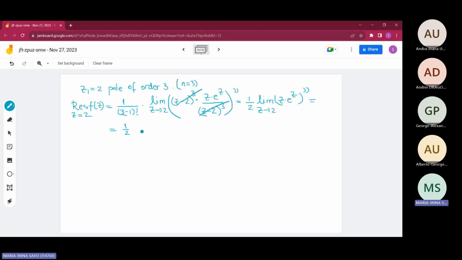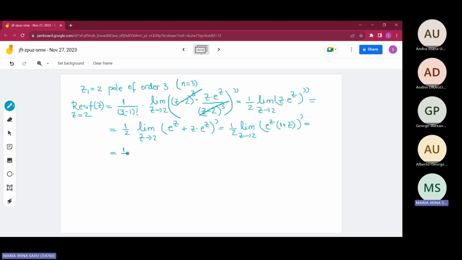We compute the derivative of this expression as a product first: the derivative of z, which is 1, so we have e to the z plus z times the derivative of e to the z. But again, you have to compute another derivative. To be easier, you could write this expression as a product, so you have e to the z times (1 plus z), and you take the derivative of this function.